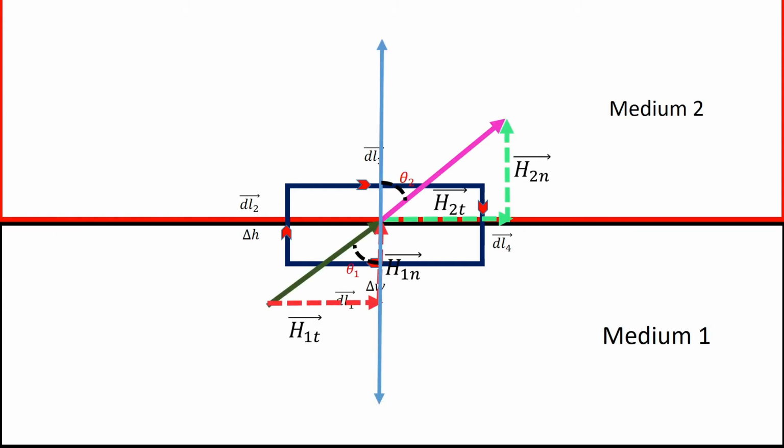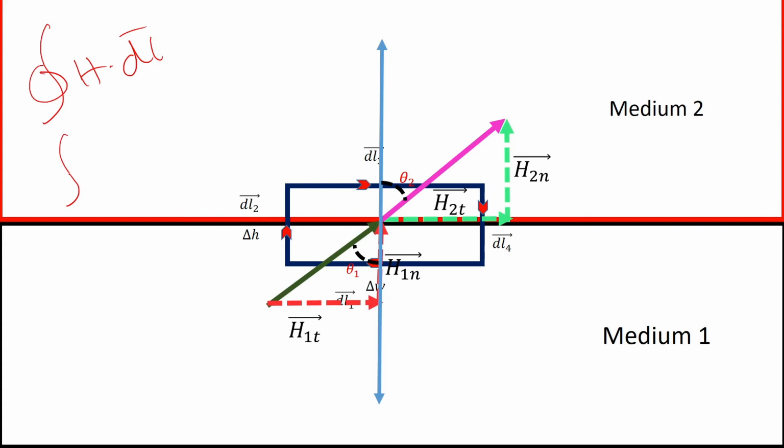So if I overlap my entire problem on the closed path, this is what I would be getting. Right? In order to calculate the circulation, the integral of H bar dot dl bar, there are four paths.